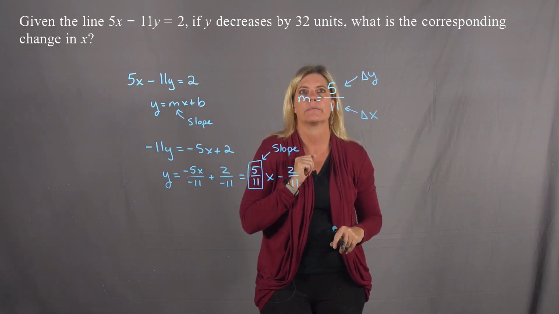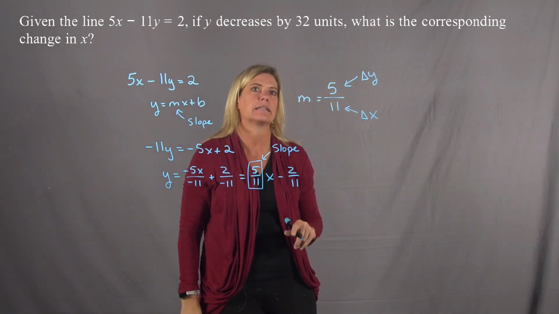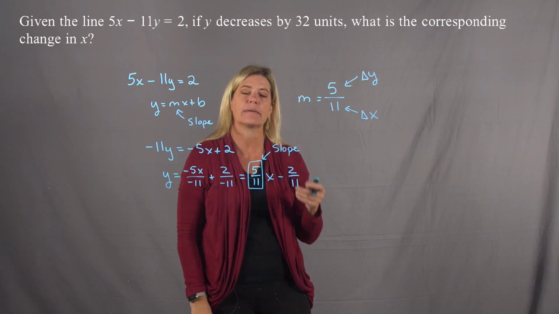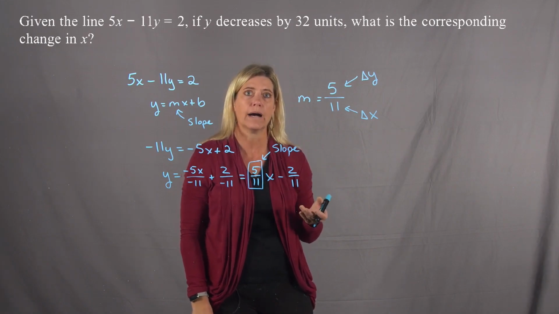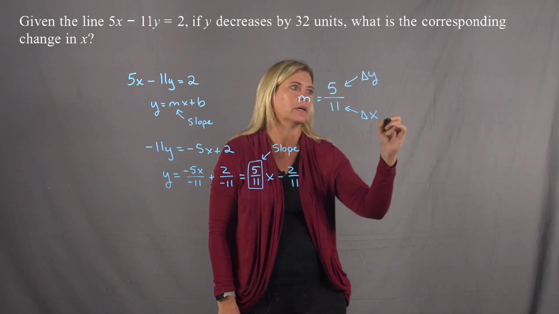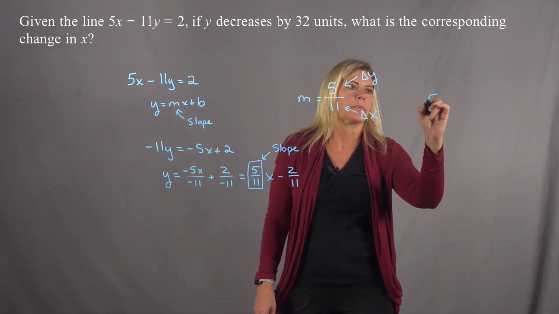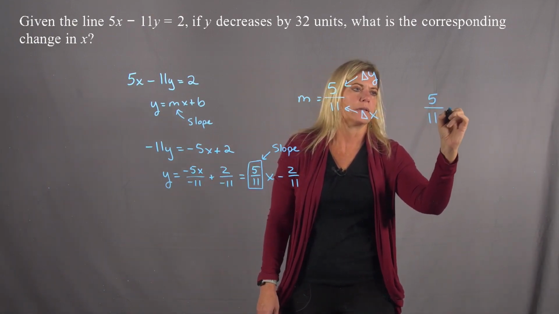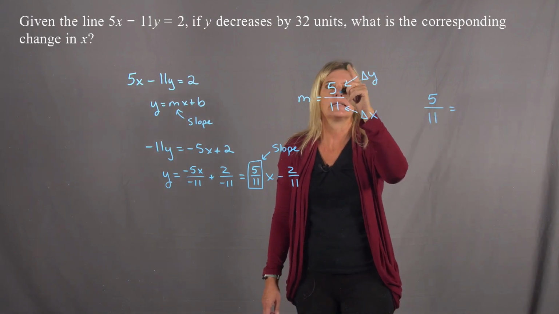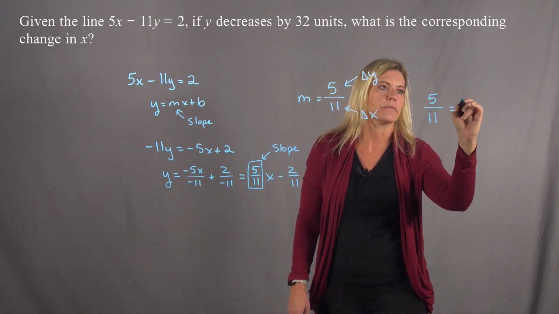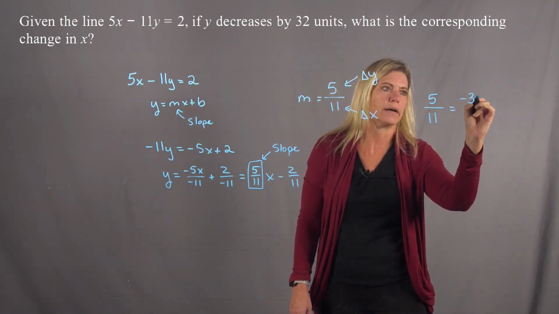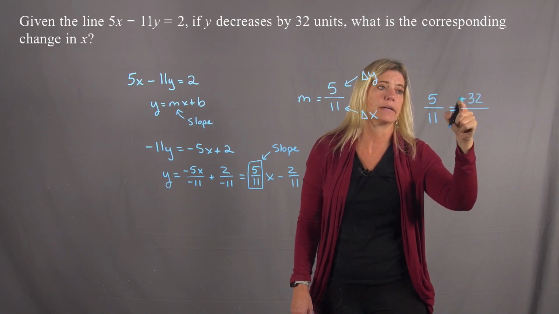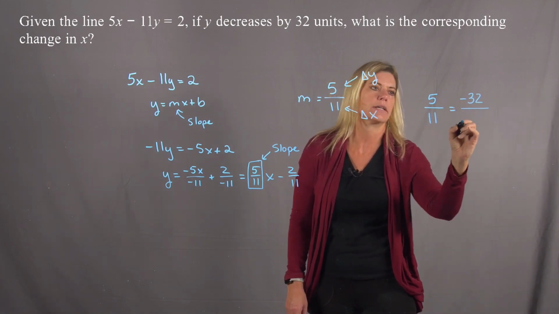In this problem, we want to know if y decreases by 32 units. So that means that the change in y is negative 32. So what we can do is set up a proportion and say that 5 is to 11 as, now we want to decrease y by 32. So that means the change in y would be negative 32, right? Because we're decreasing, that's where the negative's coming from.